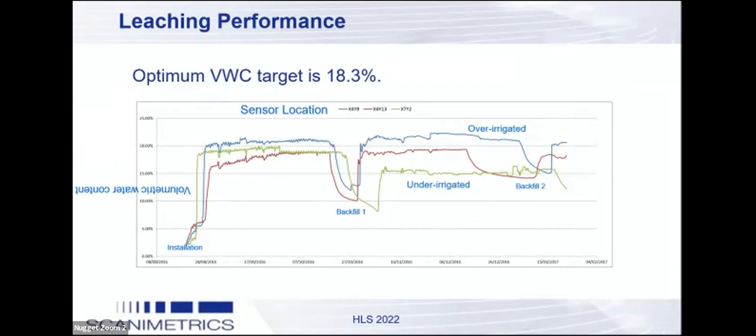So again, you can tell when you lost irrigation. You can tell how long you've lost the irrigation for. You can use that data to anticipate what you have to do to catch up again due to these interruptions. But don't show it in the paper. That's with the proceedings. There's also some further graphs that show the relationship of precipitation on the leach pad and how that affects the sensor as well.